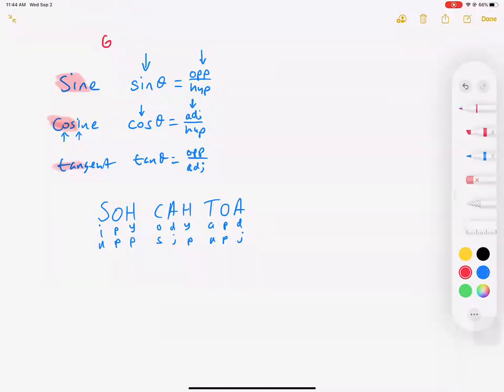All right, let's go through our additional ones. And sometimes this is called reciprocal identities. And this would be cosecant, whoops, let me write that out. Cosecant, we have secant, and then tangent. Cosecant, secant, and whoops, not cotangent.